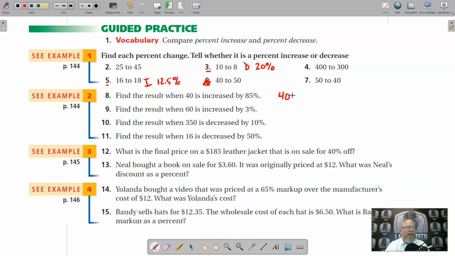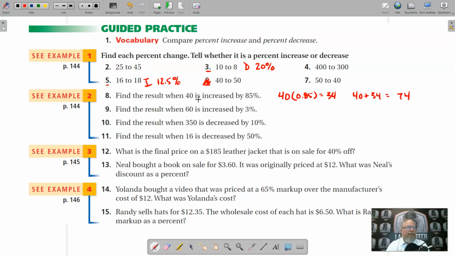We could do 40 times 0.85, and we would get 34. And then we would have to do 40 plus 34, and that would give us 74. So our answer would be 74.